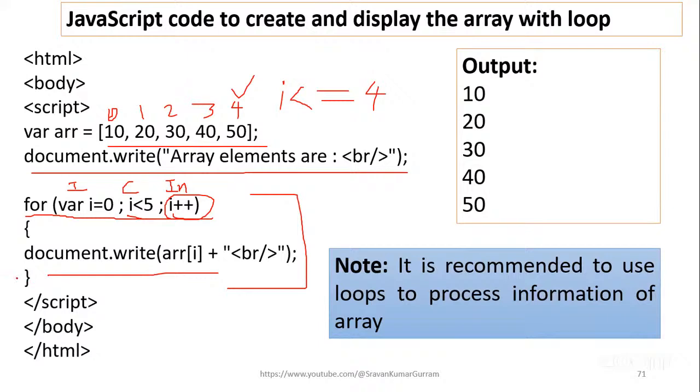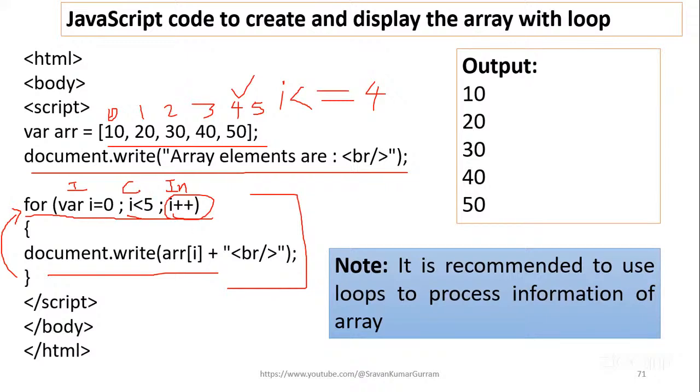In the next iteration, the third element, and in the next iteration, the fourth. The fourth index is the last index, so there is no fifth index. But after completion of the fourth index element printing, the i value becomes 5.